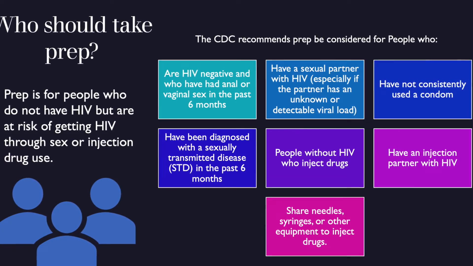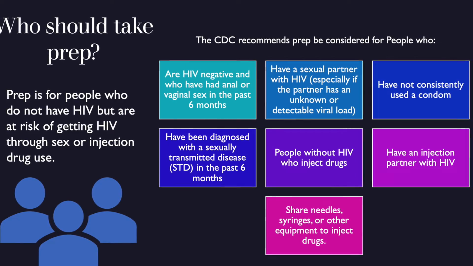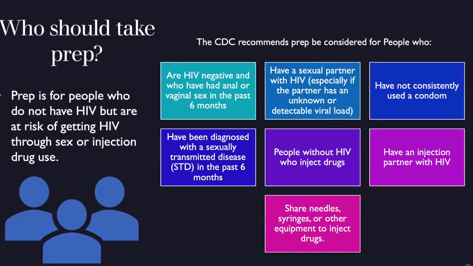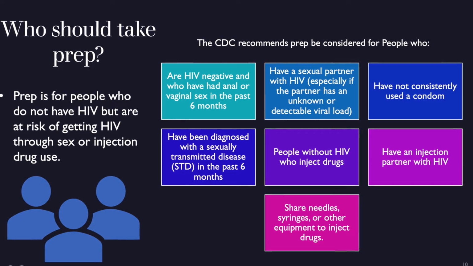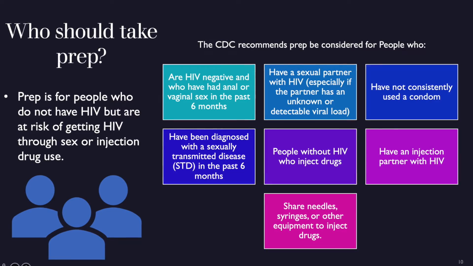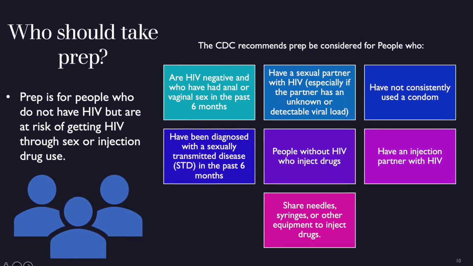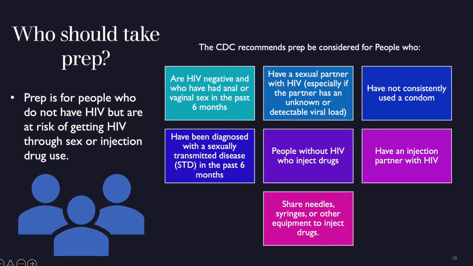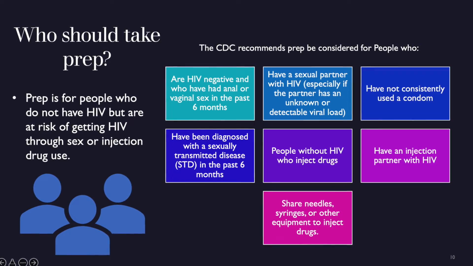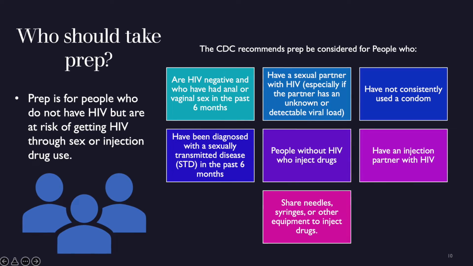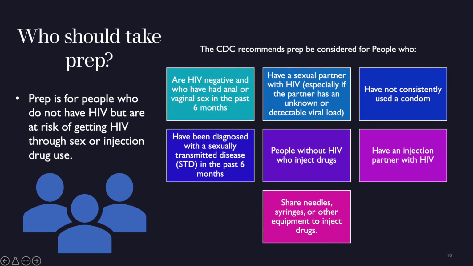CDC recommends these for people who are HIV negative, who've had anal or vaginal sex in the past 6 months, who've been diagnosed with an STD in the past 6 months, have a sexual partner with HIV, especially if the partner has an unknown detectable viral load, people without HIV who inject drugs, share needles, syringes, or other equipment to inject drugs, have not consistently used a condom, and have an injection partner with HIV.